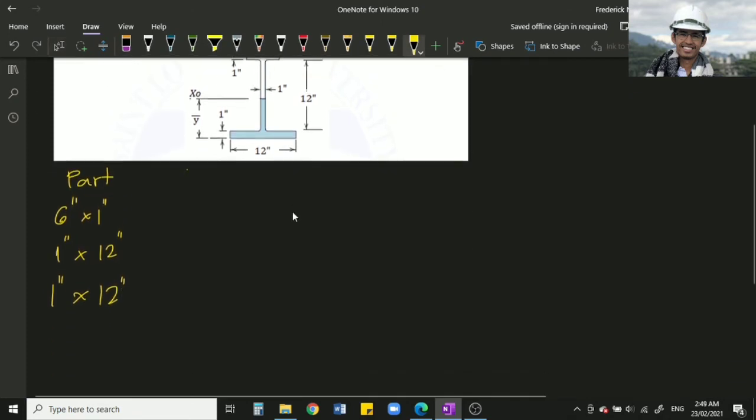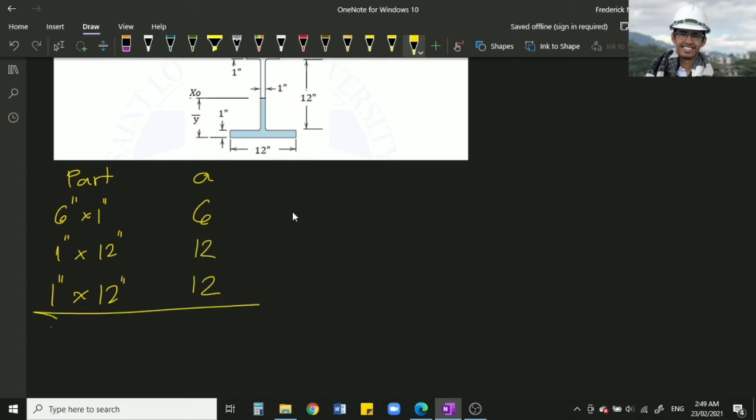For area, 6 times 1 equals 6, 1 times 12 is 12, and 12. So the total is 12 plus 12 plus 6, so our total area will be 30.